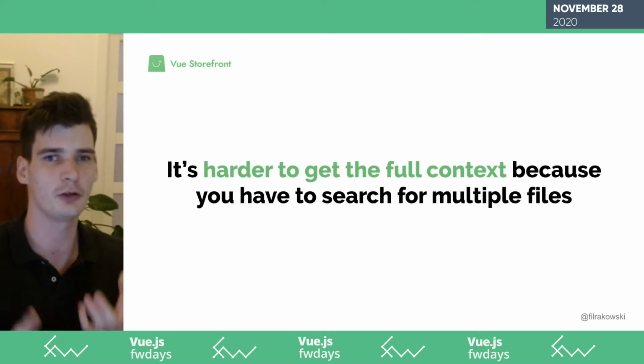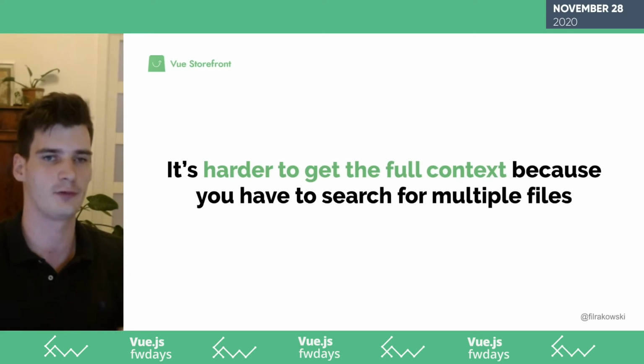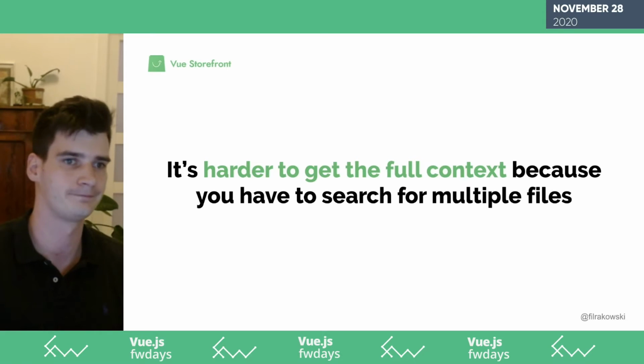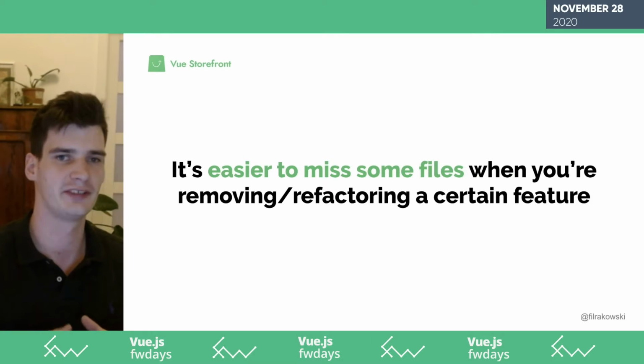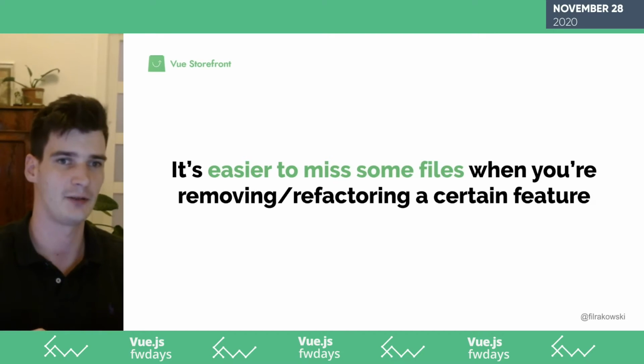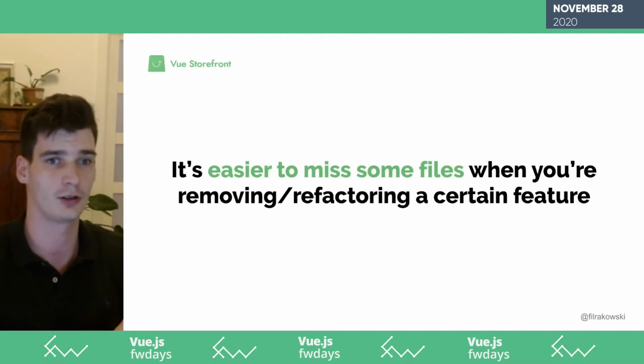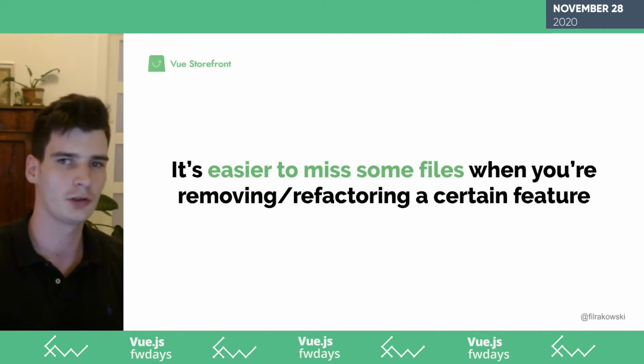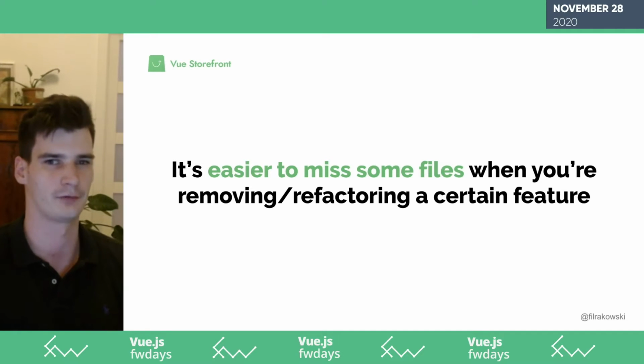Otherwise, it's hard to be confident about understanding the full context of a certain feature. So what if there is some additional dependency that you have missed and will make all your efforts wasted? Or if you leave some code in your code base related to a feature that was actually removed a long time ago, it's confusing.